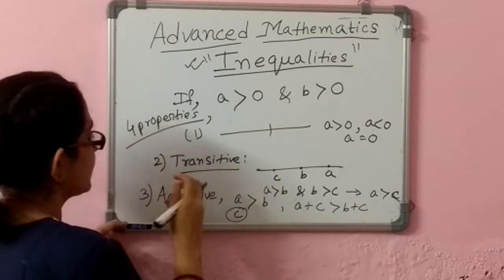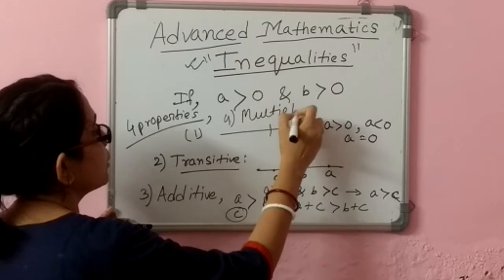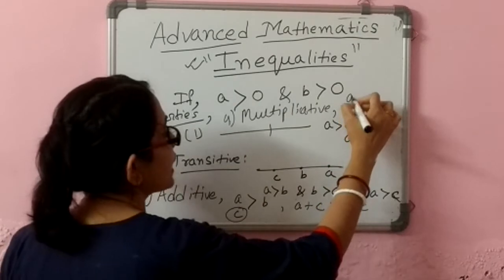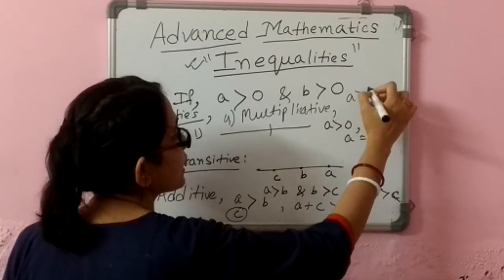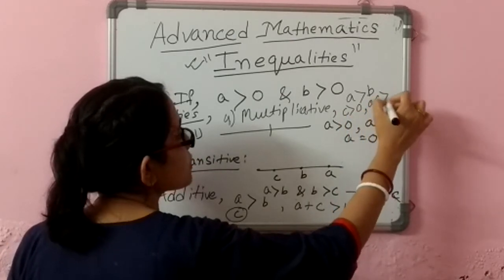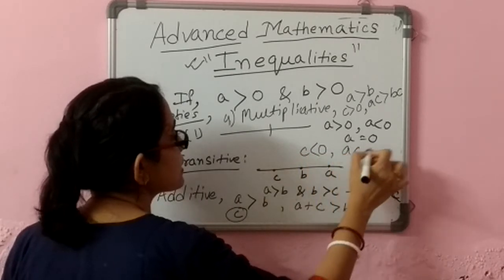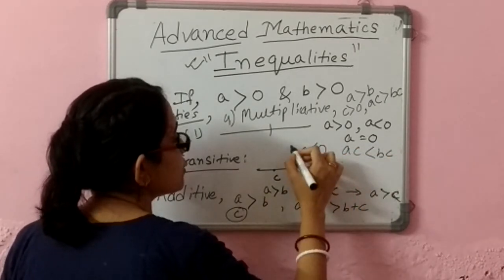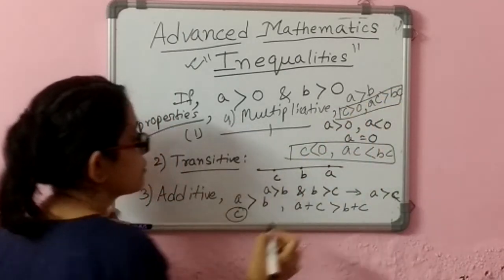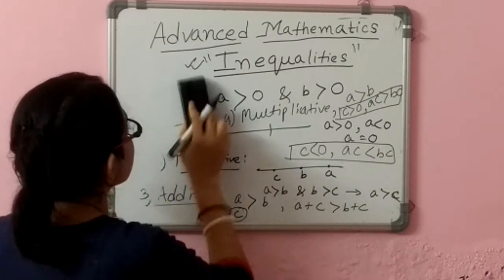And number 4 is the multiplicative property, which says that if it is given that A is greater than B, and if C is greater than 0, then AC will always be greater than BC, and if C is less than 0, then AC is less than BC. So these are the 4 properties of inequalities, which will be required while solving any problems.